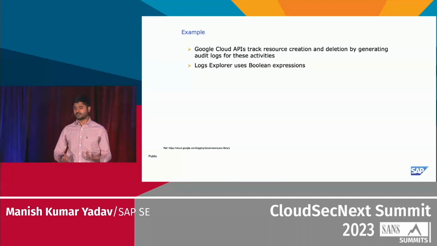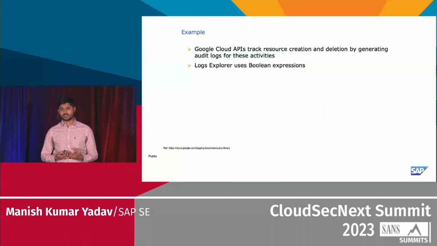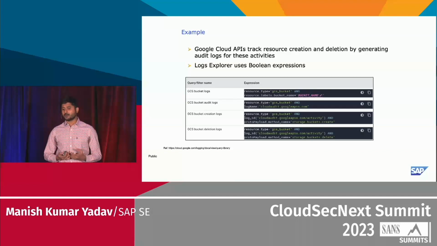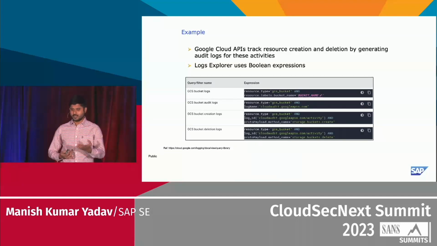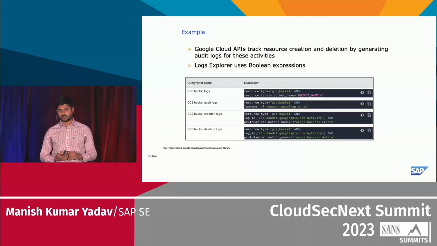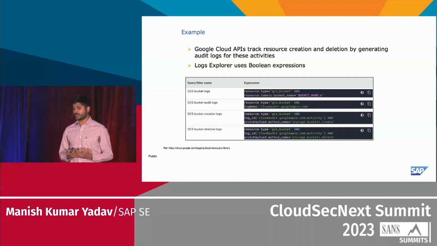And if you look at the Google Log Explorer in the console, it comes with a lot of queries, and you can refer to the Google Docs, which provide all the information related to the resources you are trying to create. If you look at the first example, which is talking about the GCS bucket logs, you mention the resource type you are looking for. So it's a GCP bucket.